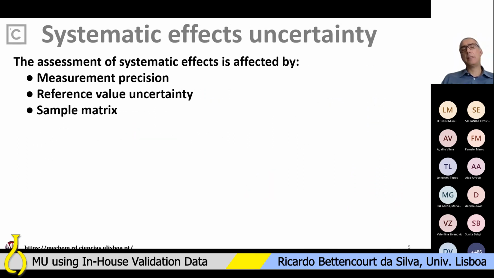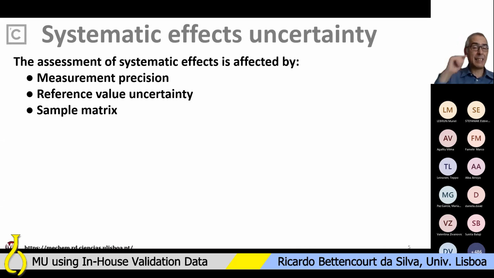The assessment of systematic effects is affected by measurement precision. The systematic effects are systematic there for you, but to quantify them, to assess them, you need to perform some measurements, and these measurements are affected by precision.